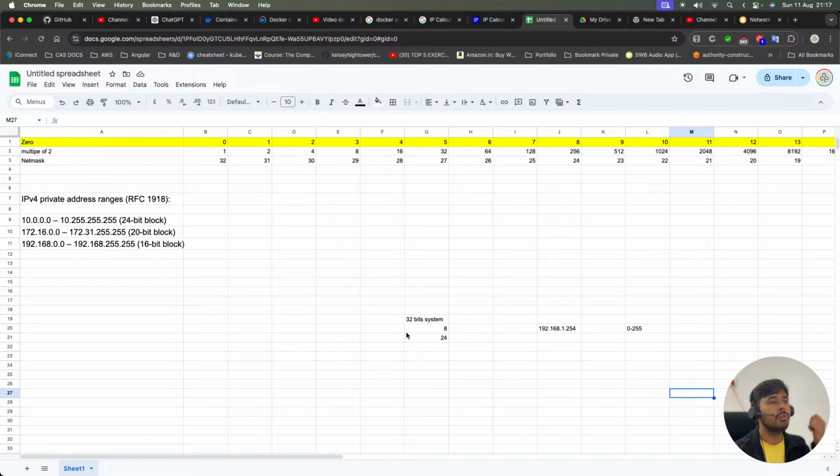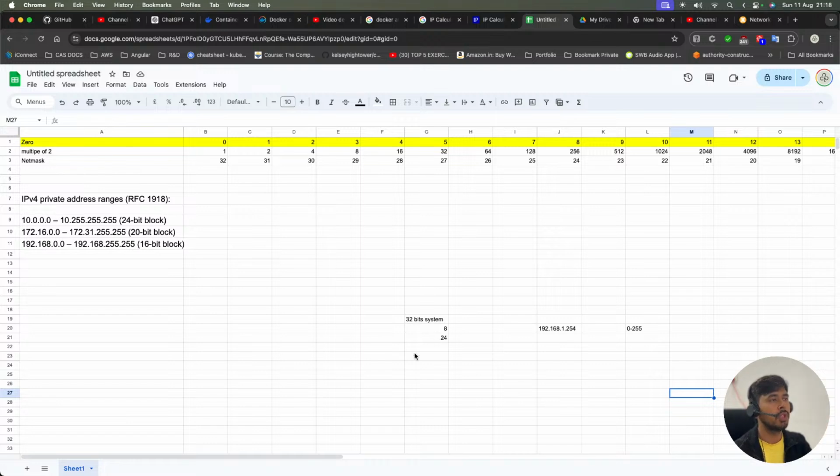So we know it is a 32-bit system, and it can be 8 network bits and 24 host bits and vice versa. You cannot have full network or full host, so that's why it is divided into two parts.